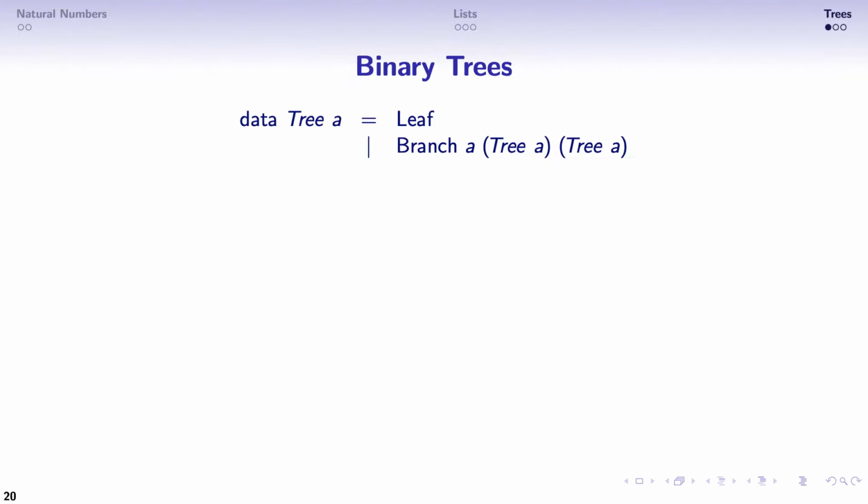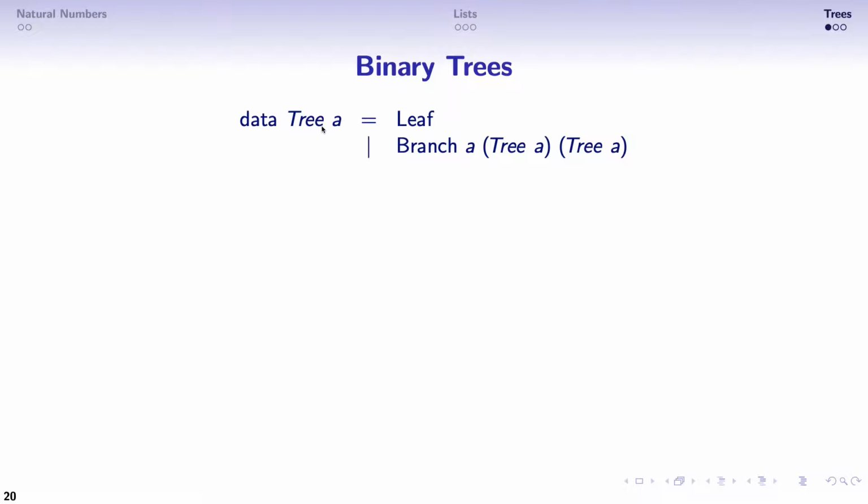Okay, so binary trees. We've all seen binary trees before, I hope, in our data structures courses. The way a Haskell definition of binary trees looks is similar to our definition of lists, right? We have a tree of elements of type A, which can be anything. It could be Int or Bool or Char or whatever.